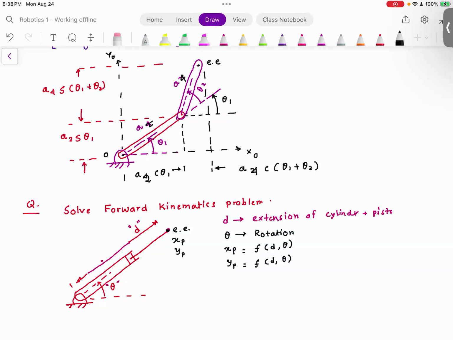And you have to tell me the orientation of the end effector with respect to z0. And I will tell you this is x0, this is y0, and you have the z0 coming down.